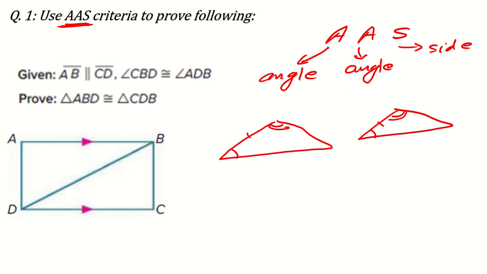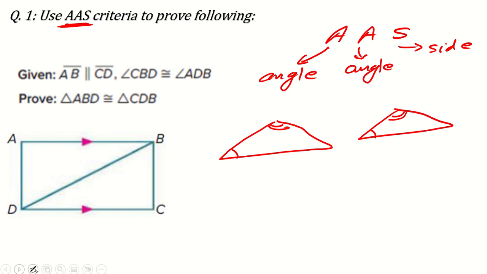Because AAS criteria holds when the side is not included between the angles. Two angles are equal and another side is equal, maybe this side or maybe this side, but not the included side. So you will remember this thing, then this lesson will be very easy for you.